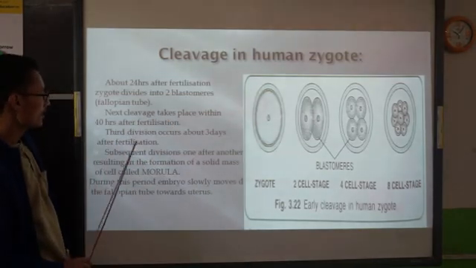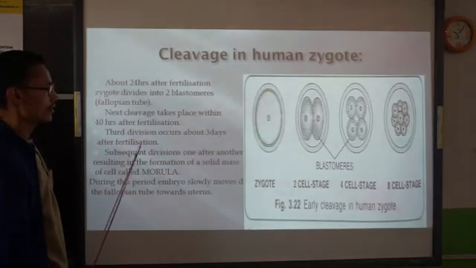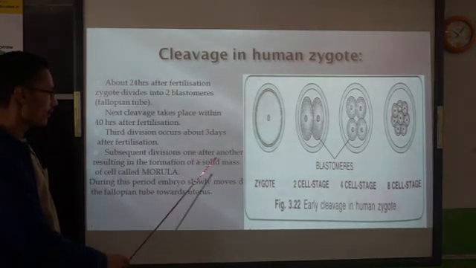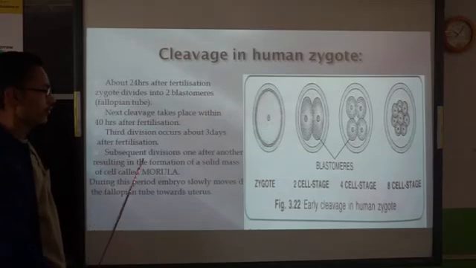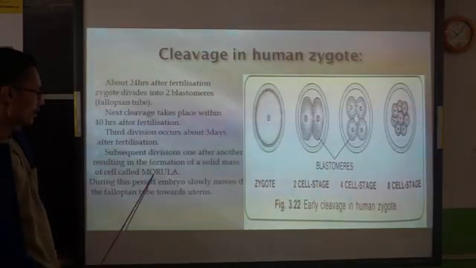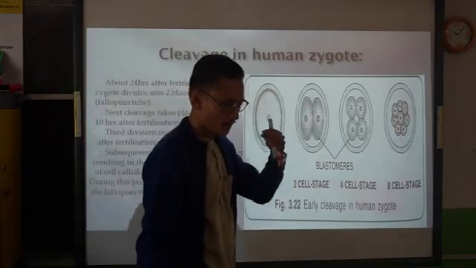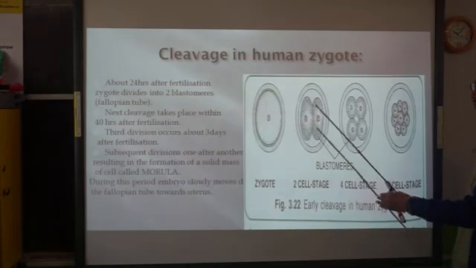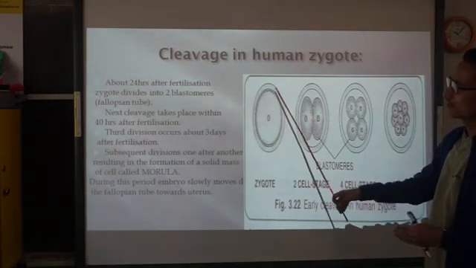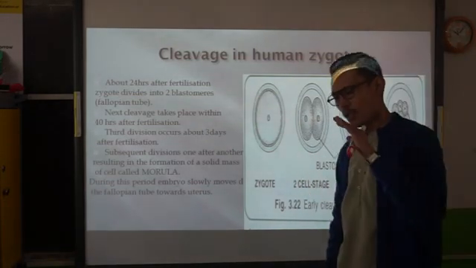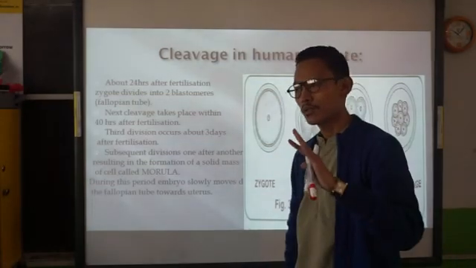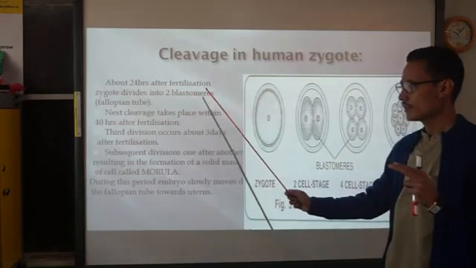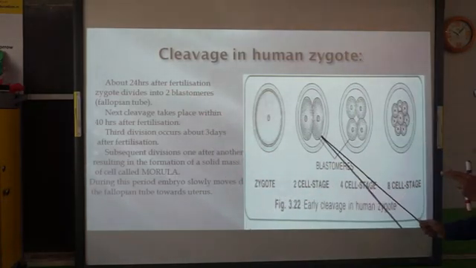Next one. Third division occurs about 3 days after fertilization. Subsequent divisions occur one after another, resulting in the formation of a solid mass of cells called morula. That means repeated mitotic divisions keep on occurring till the single cell zygote forms the blastocyst. But first of all, remember, within 24 hours of fertilization, this will divide into 2 cell stages.